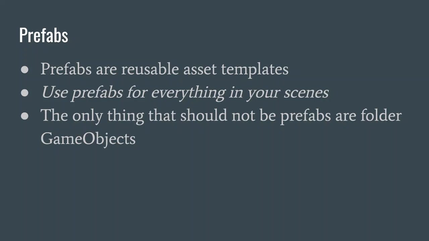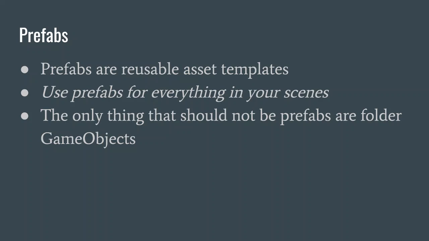So the workflow of prefabs, or of scenes in general, should be: you make a scene, everyone should have the scene, and you place prefabs in the scene. When you place prefabs in the scene, it modifies the scene file, obviously. But if you're working on parts of the scene, they should be prefabs, and you should be changing the prefabs.